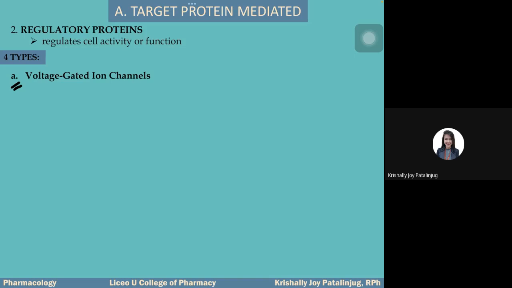So when you say voltage-gated ion channel, yes, this is a type of gated ion channel. Regarding gated ion channels, there are actually two types. We have this one, the voltage-gated ion channel. The other one is the ligand-gated ion channel. Both are examples of transport systems.